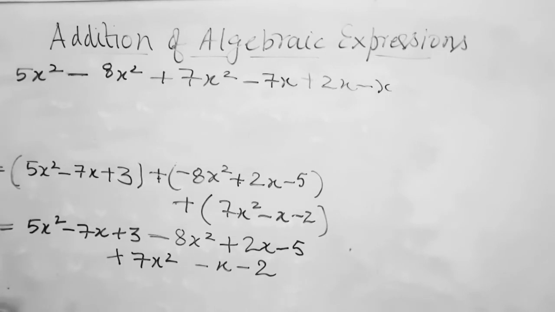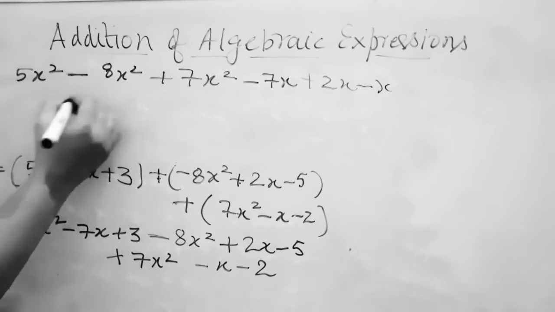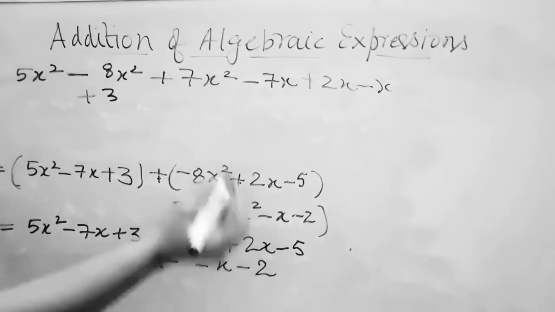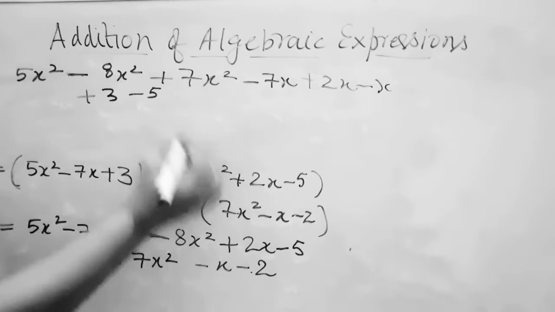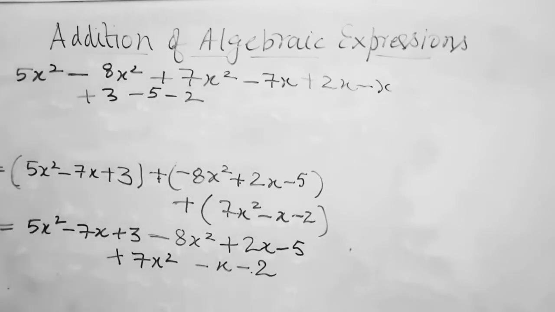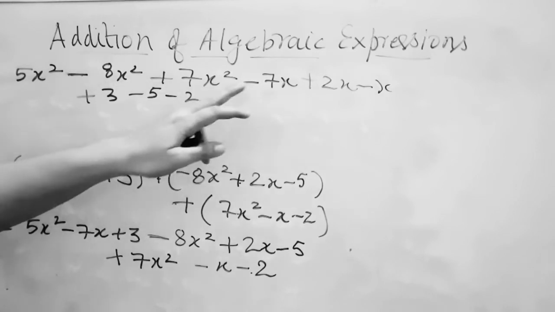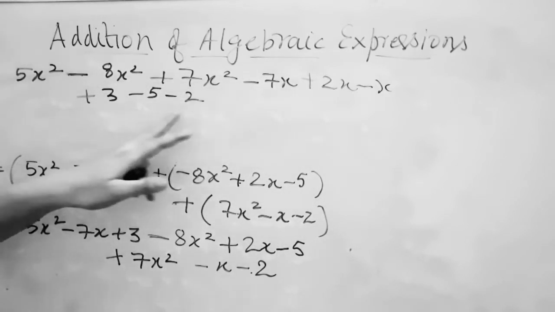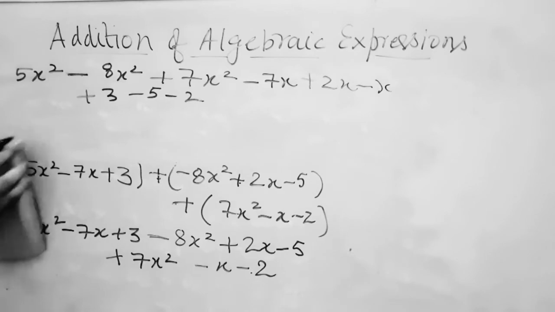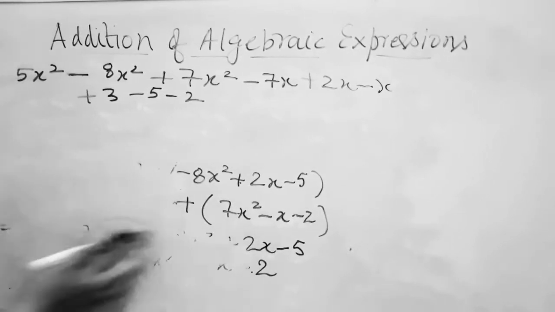Now, the last step, we have to keep all the constants together. So plus 3, minus 5 and minus 2. See, I have kept all the like terms together: x square, x square, x square, x, and then all the constants. Now let me rub this out in order to proceed further.